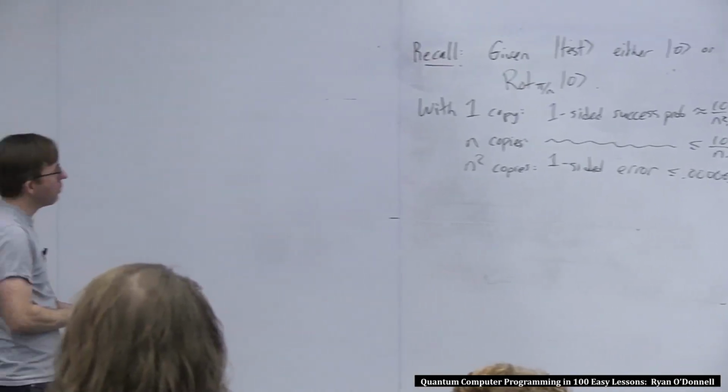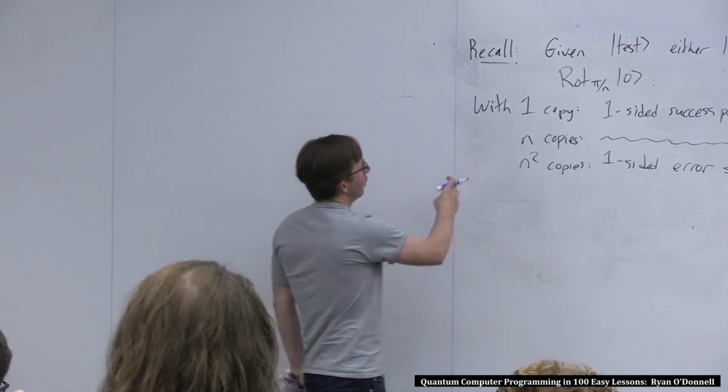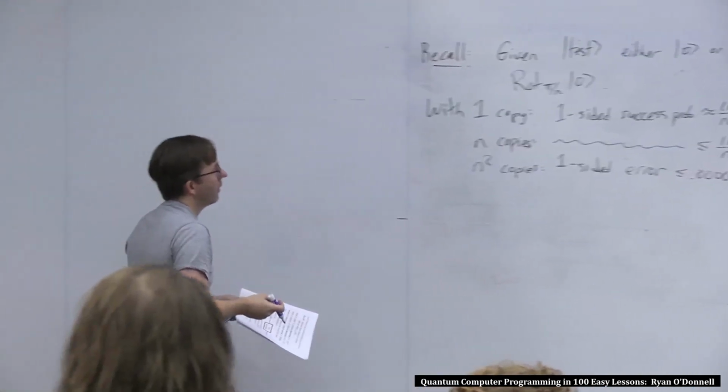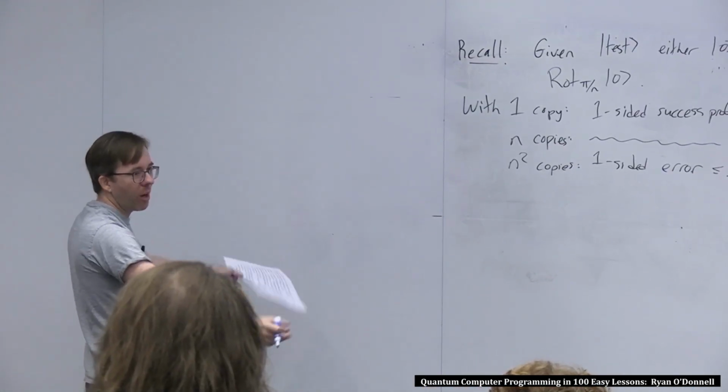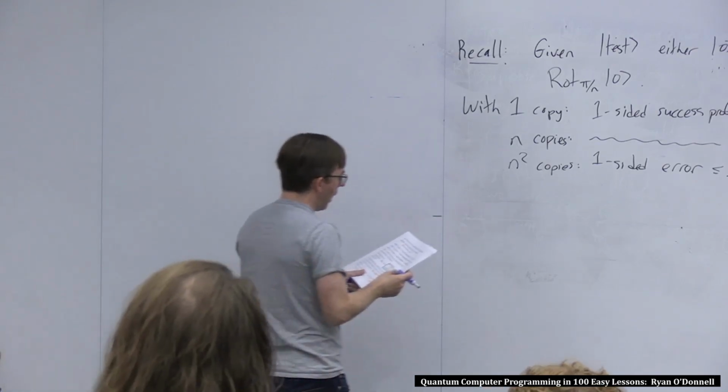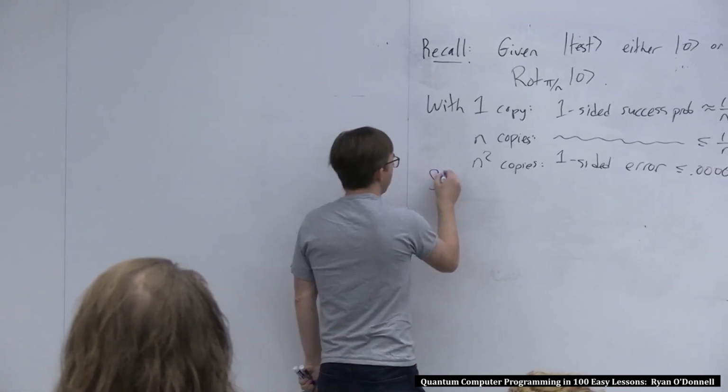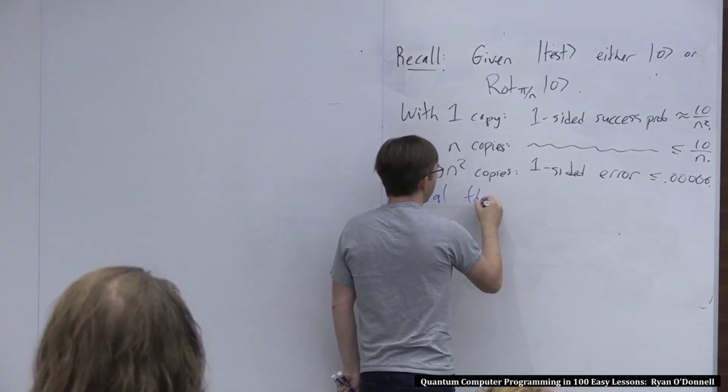What I ended on last time was that this is all true if the corporation just gives you a bunch of copies of the test. But what if you could break into their offices and steal the test generation machine?